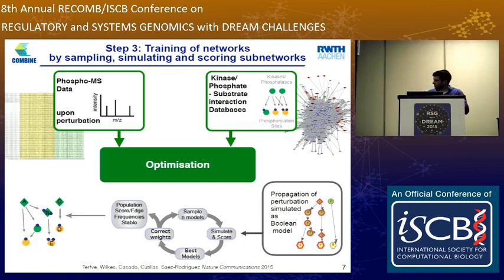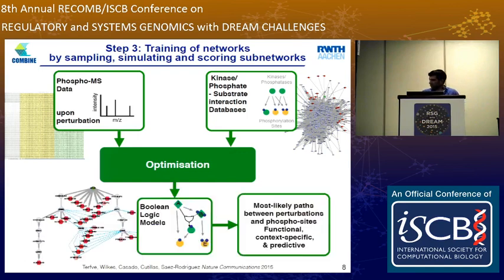And then we compare these simulations with what we obtain from the data, which is also on and off values. We do this in an iterative process where we try to sample the space of potential networks, and eventually this algorithm converges into a set of networks and frequencies of edges in the network.